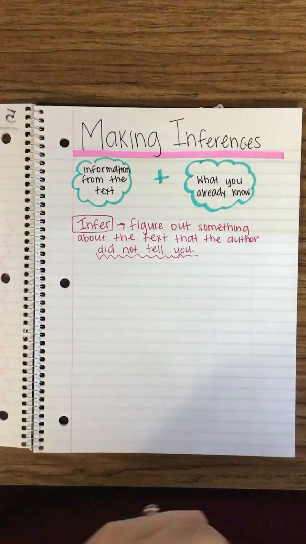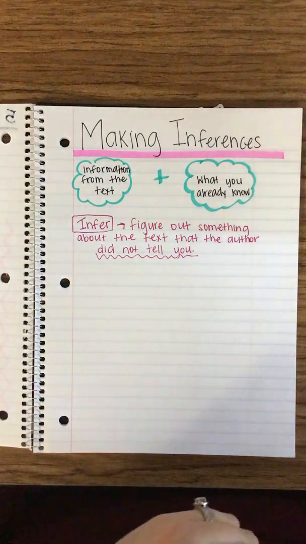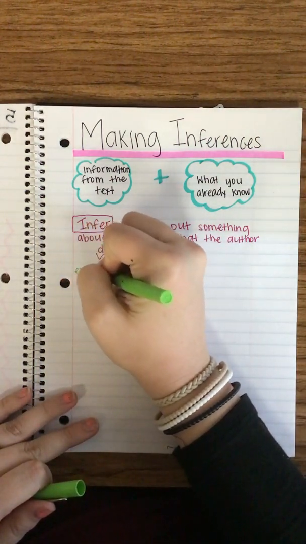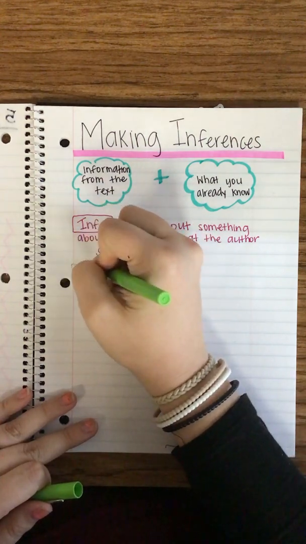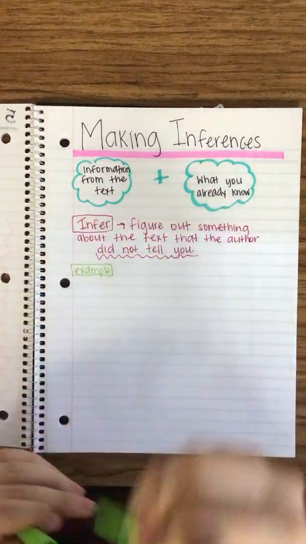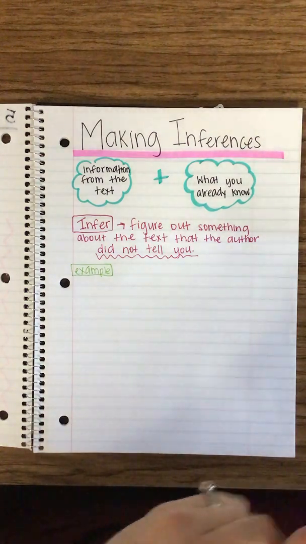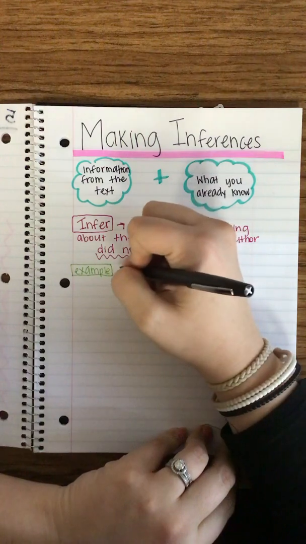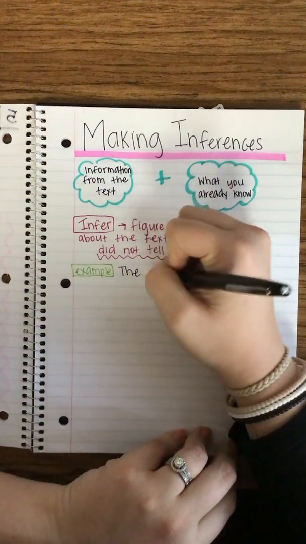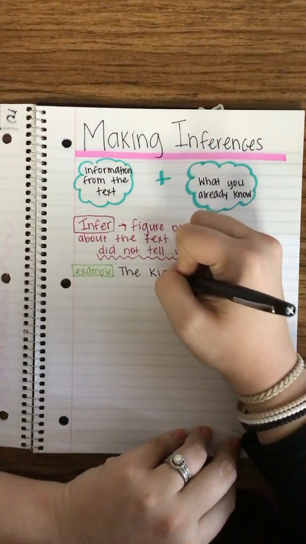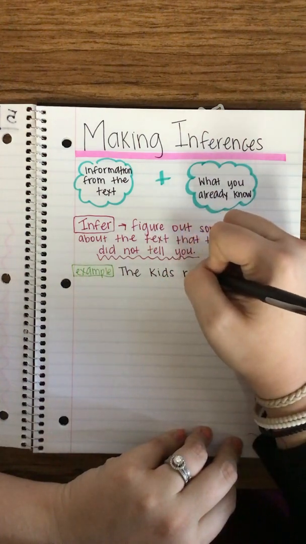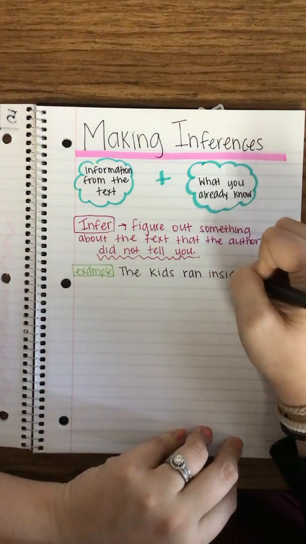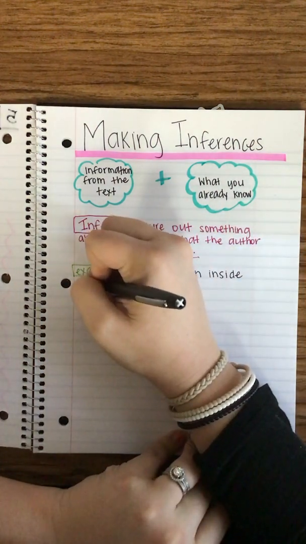So I'm going to give you an example. Let's do our example in green. I'll put example. You can just be starting in pencil. And actually, I really don't like that green, so I'm going to switch back to black. Example. Let me give you a sentence. The kids ran inside screaming.